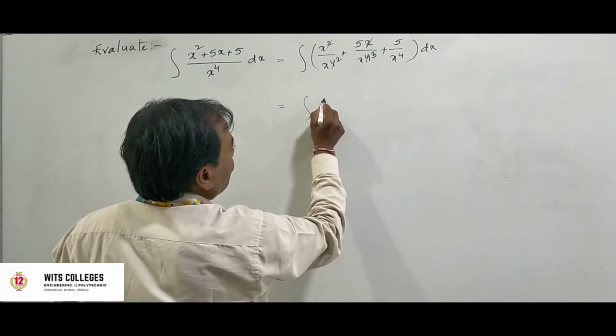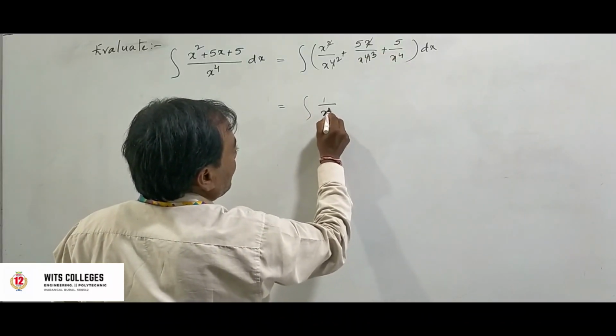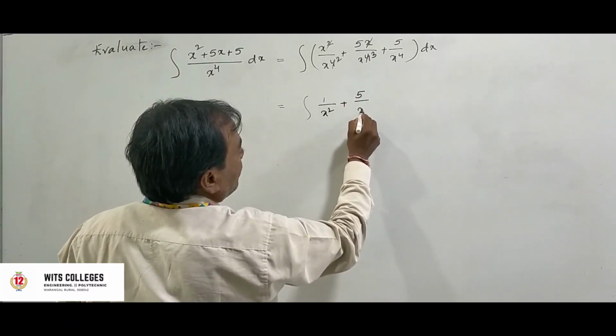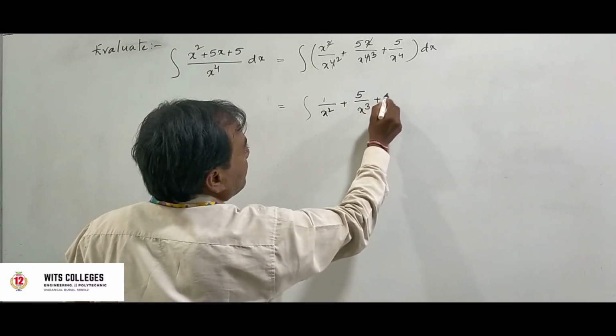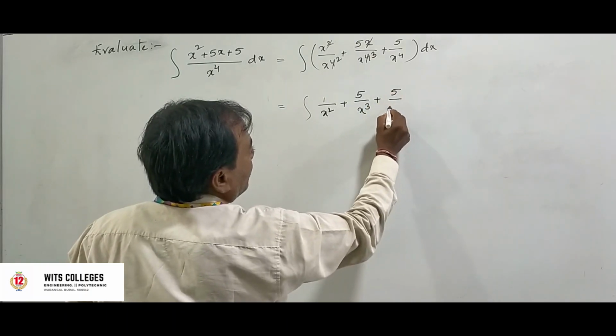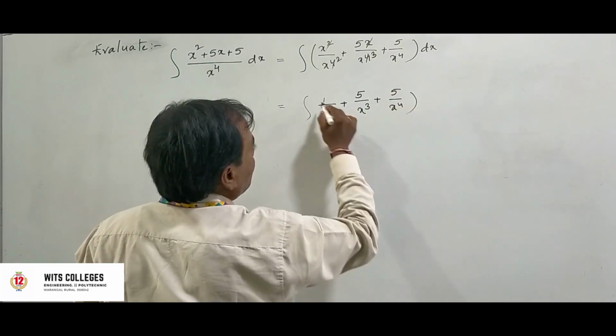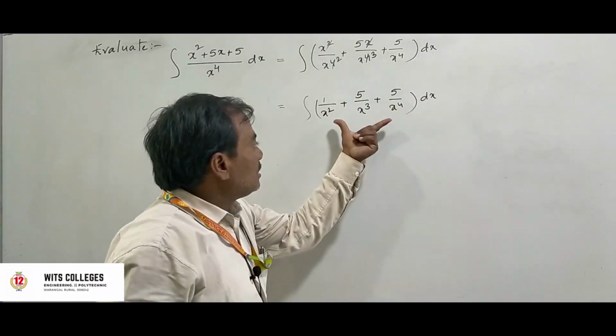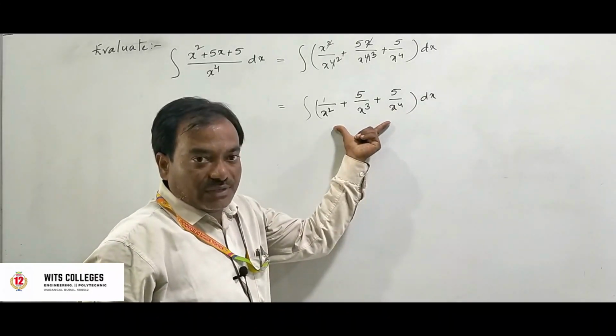So it means 1 by x square plus 5 by x cube plus 5 by x power 4 dx. So this is a combination of three different functions.